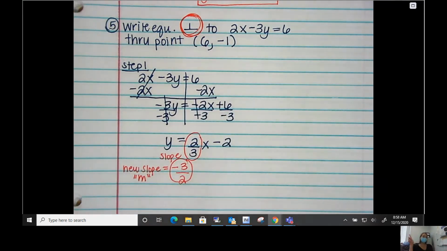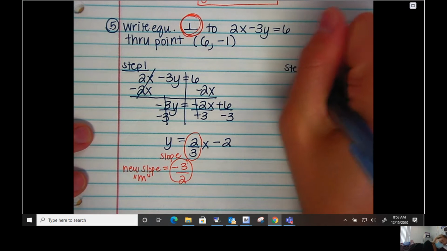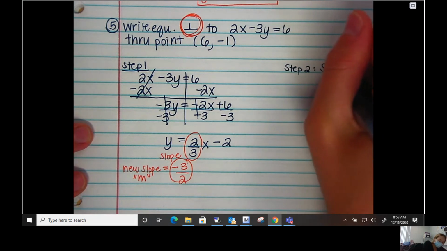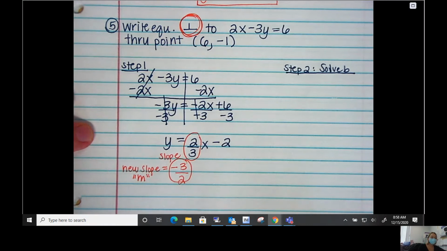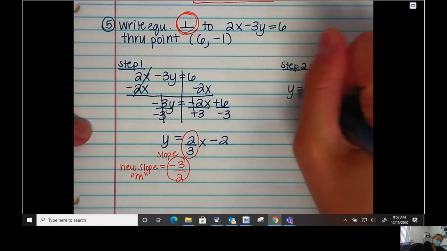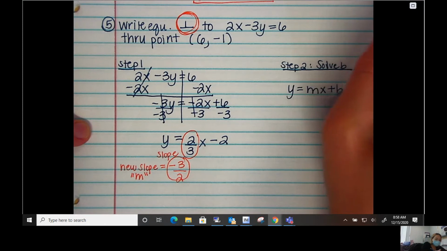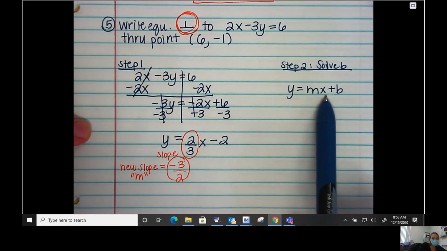All right, so that was step 1. Find the slope. Step 2, we plug in our x, our y, our m to solve for b. So I use the equation y equals mx plus b, and I have to plug in my y, my m, and my x.